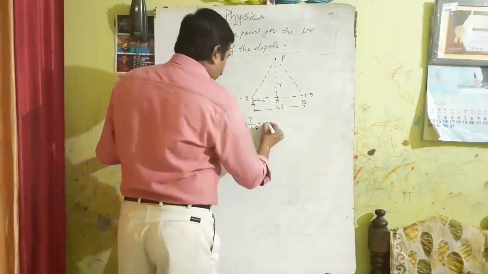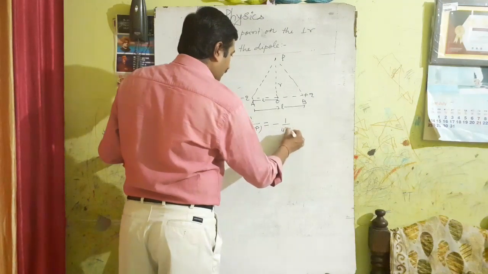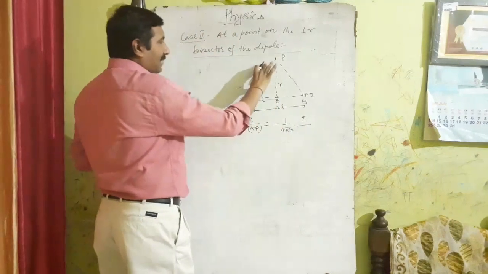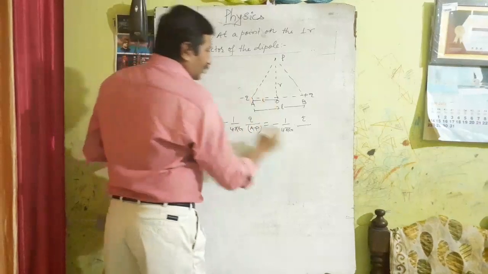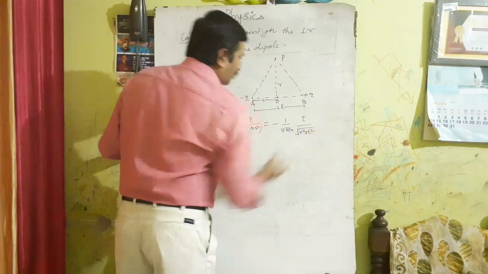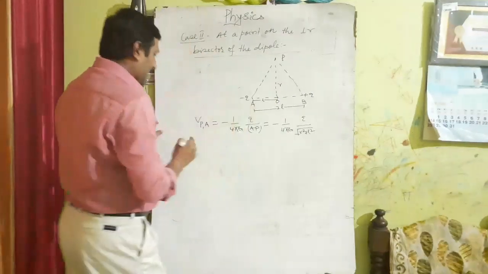This is equal to minus 1 by 4 pi epsilon naught Q by, you see, this is a right triangle. It has a hypotenuse, a perpendicular, and a base. So the hypotenuse is the square root of perpendicular square plus base square, meaning r square plus l square.